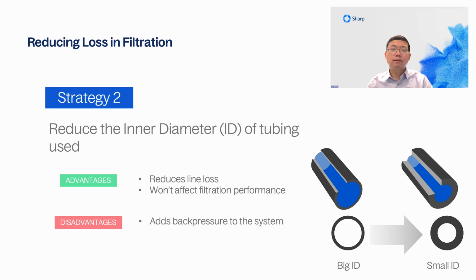The tubing size should be optimized to reduce volume loss while minimizing the time spent filtering the product. If the product has shear sensitivity or hold time limitation, the impact of tubing size changes should be carefully evaluated.